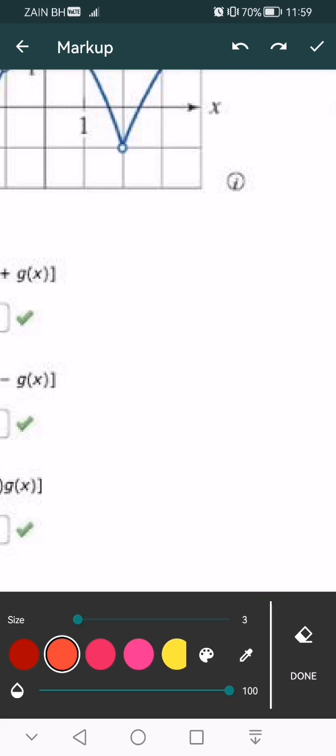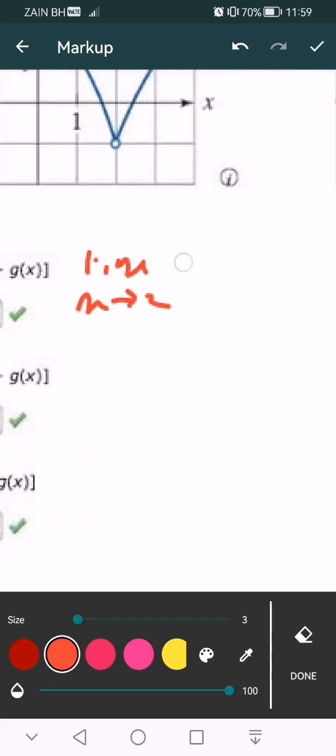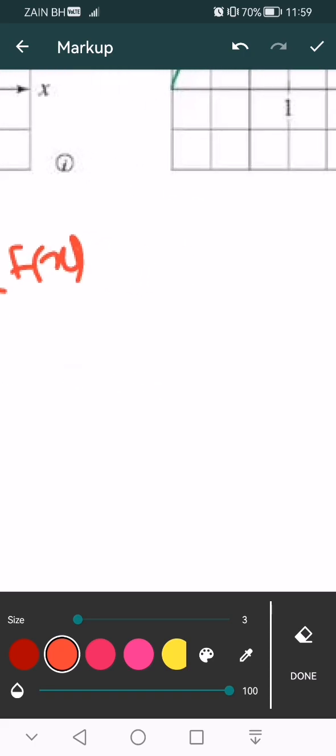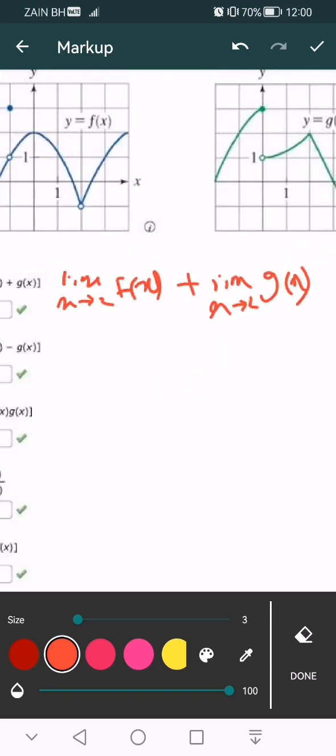This question is basically the limit as x goes to 2 of f of x, plus the limit as x goes to 2 of g of x. This is the question basically.